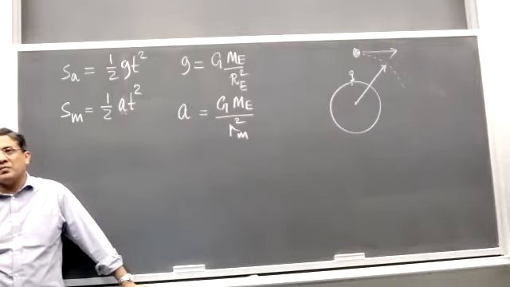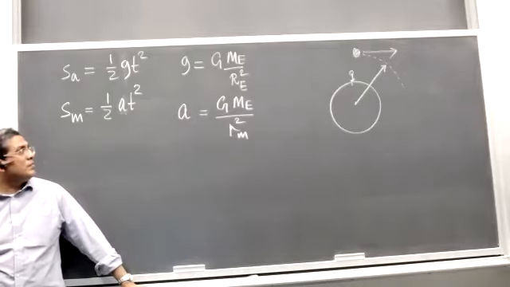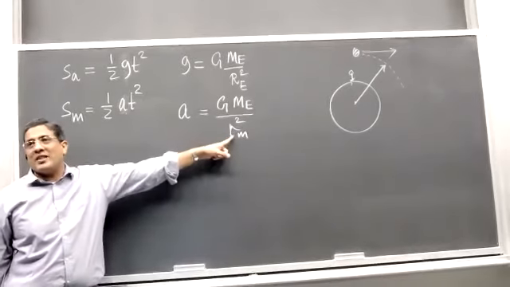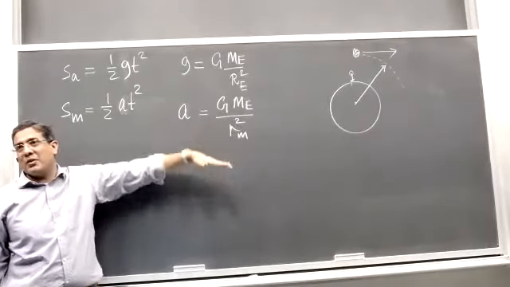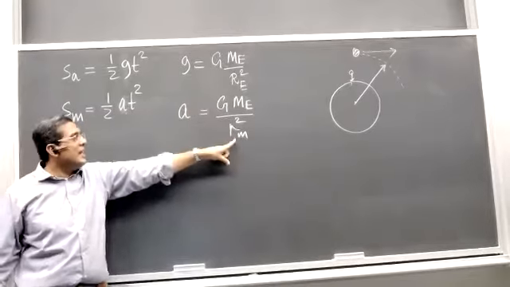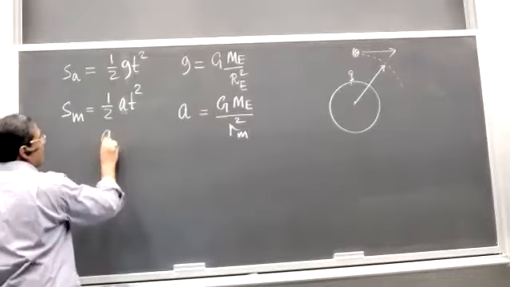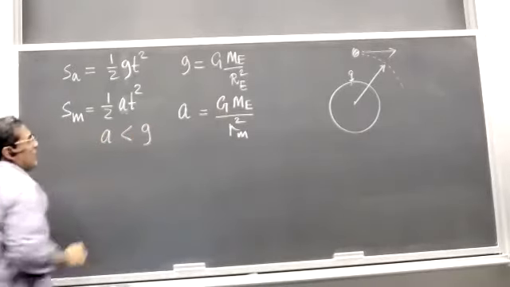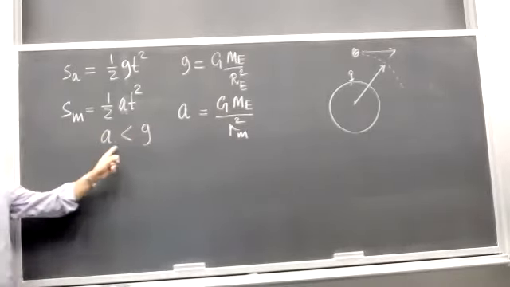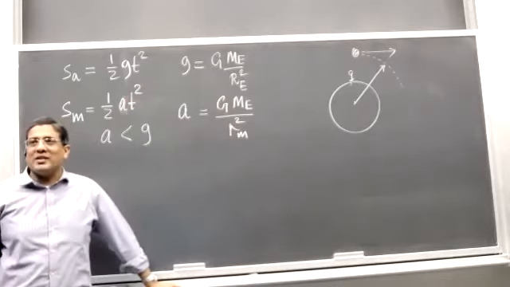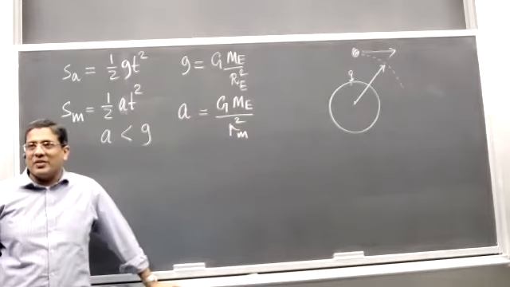G is larger, because the distance to the moon is larger than the distance the apple has from the center of Earth, right? That's RE, this RM is larger. So the A would be smaller. So that definitely means that the moon would fall towards Earth a smaller distance in 1 second than an apple does, okay?